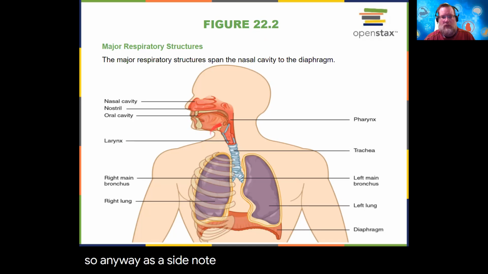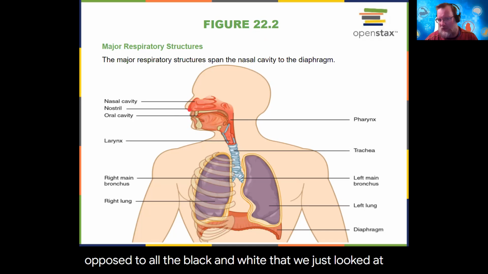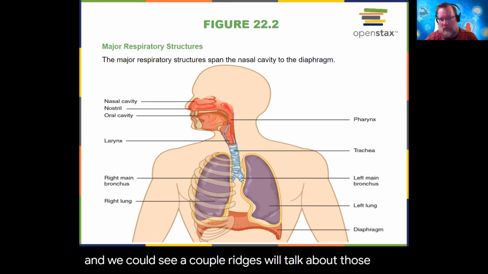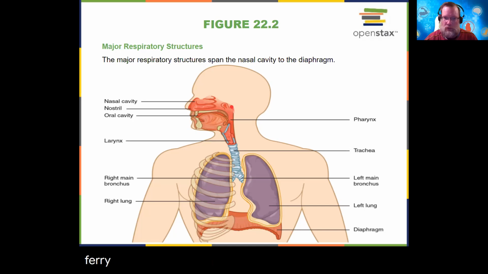So here's the visual for it, as opposed to all the black and white that we just looked at. We've got the nostrils or the nares in the nasal cavity. Okay, we could see a couple ridges. We'll talk about those as well. And then we kind of work our way back toward the pharynx or the pharyngeal region, and then down toward the larynx.